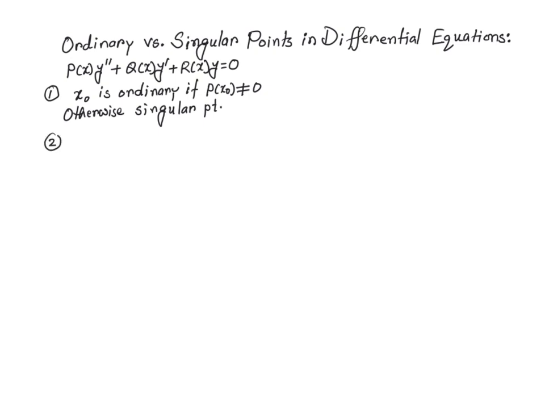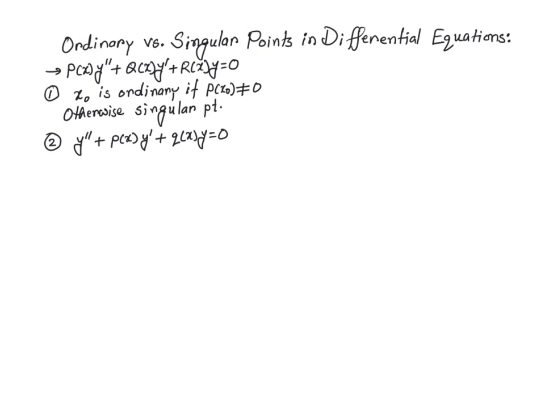The second way of defining it is this. We could take this equation and rewrite it in such a way so that y double prime has a coefficient of 1. So in that case, we are going to have y double prime plus, let's say, lowercase p of x, y prime, plus q of x, y is equal to 0.